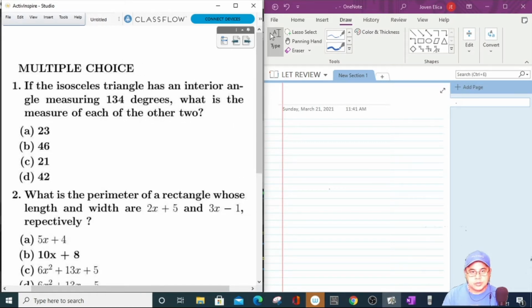Okay, so the first question is: if an isosceles triangle has an interior angle measuring 134 degrees, what is the measure of each of the other two? If you carefully read the question, an isosceles triangle is given, and we know the important properties of an isosceles triangle. Let me draw here.